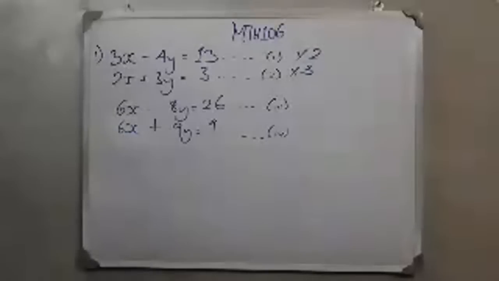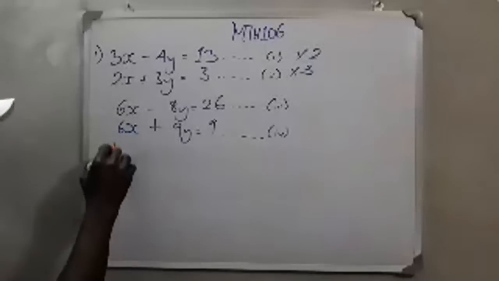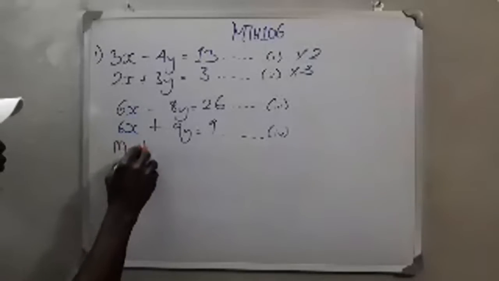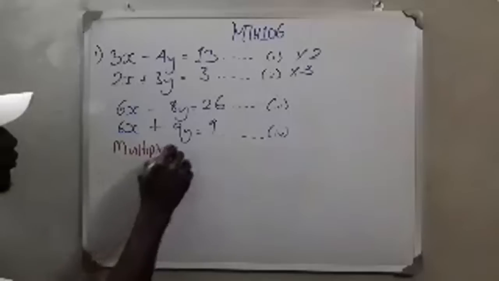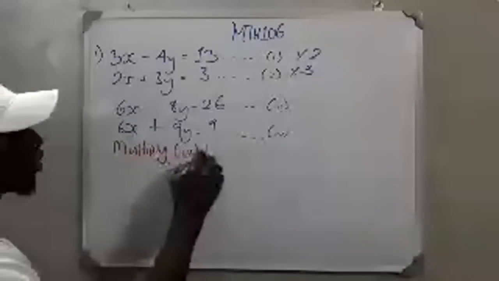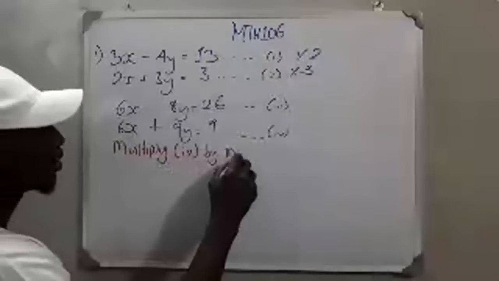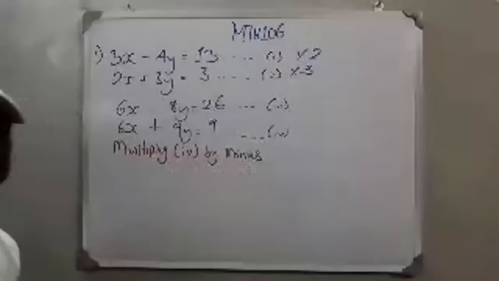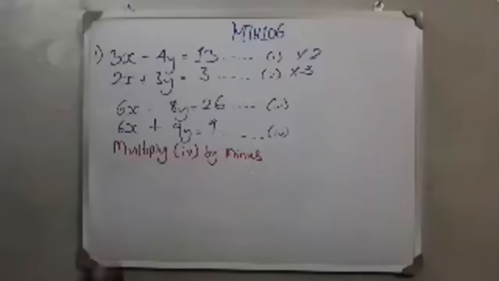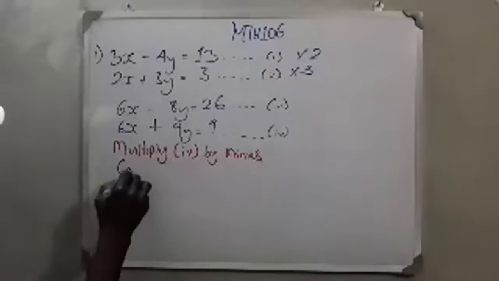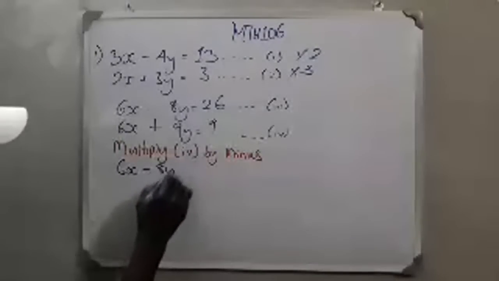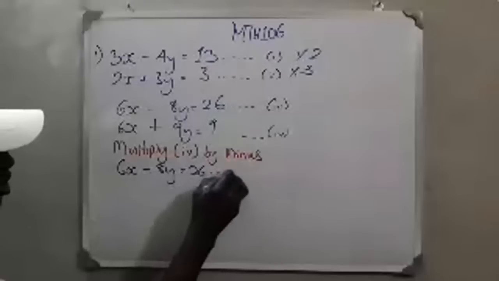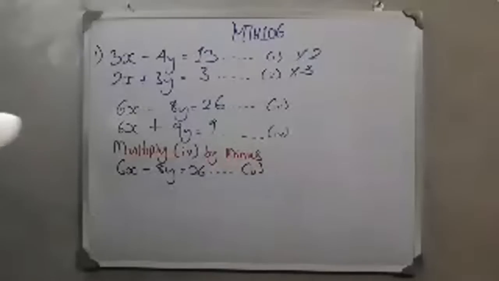So now we multiply by minus. Now let's bring down 6x minus 8y equals 26.